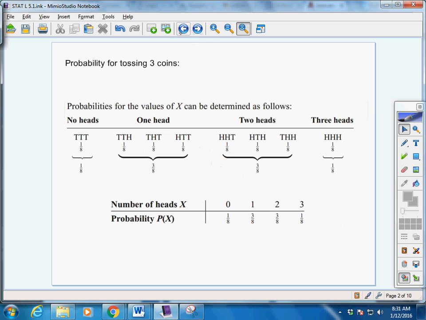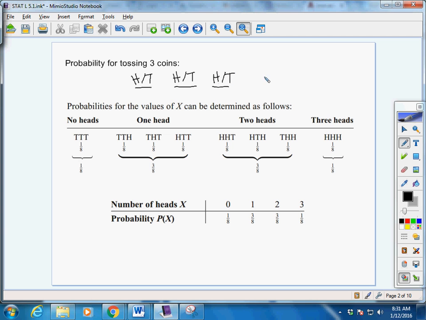It's something you can count. So when we talk about a random variable, let's find the probability of tossing 3 coins. If we toss 3 coins, the first coin is either going to come up heads or tails. The second coin is going to come up either heads or tails, and the third coin is going to come up either heads or tails.